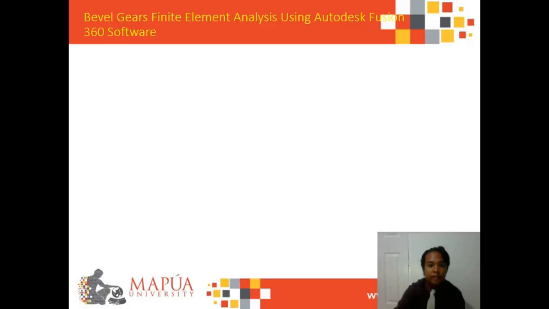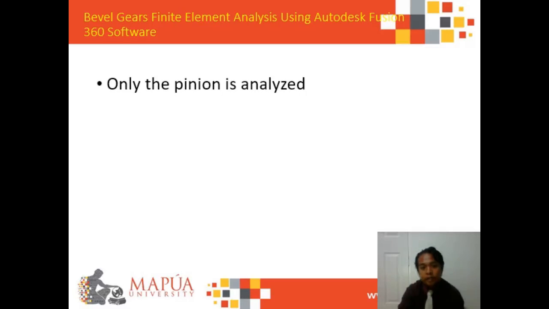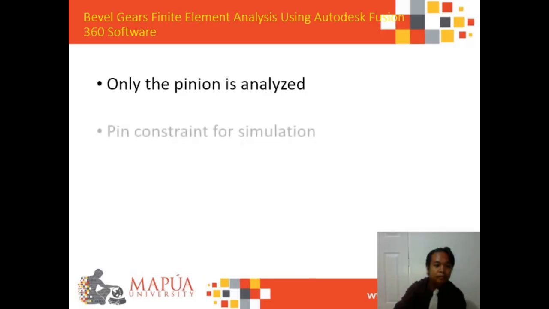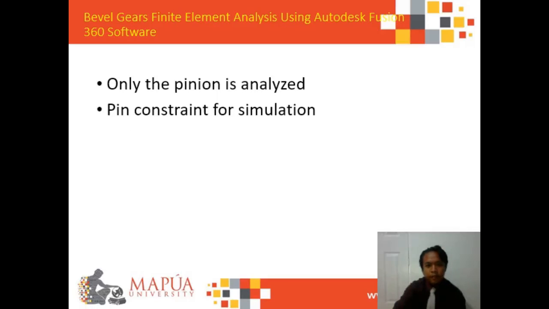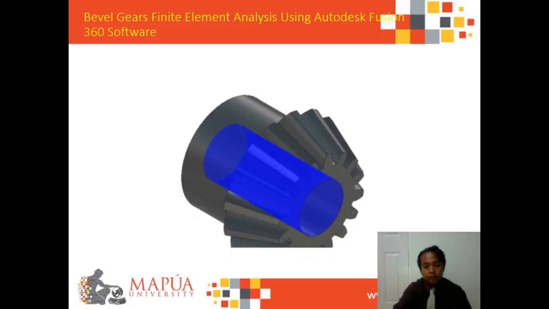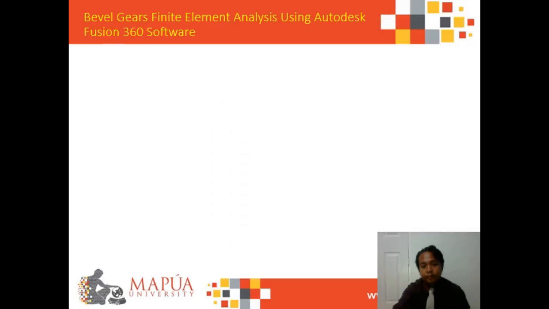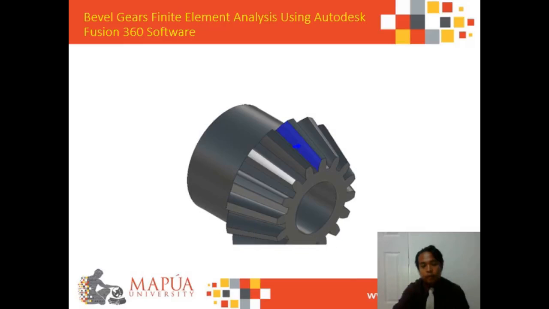For the bevel gear finite element analysis using Autodesk Fusion 360, the same as the spur gear, only the pinion was analyzed. The pin constraint is used for simulation. This is the pin constraint, and this is how the force was applied to the tooth.